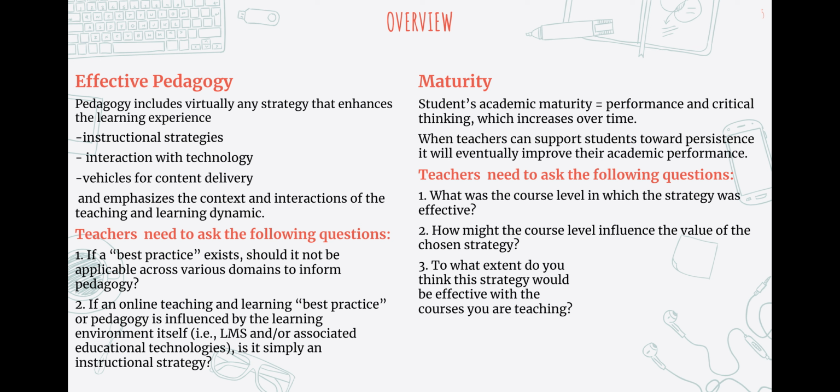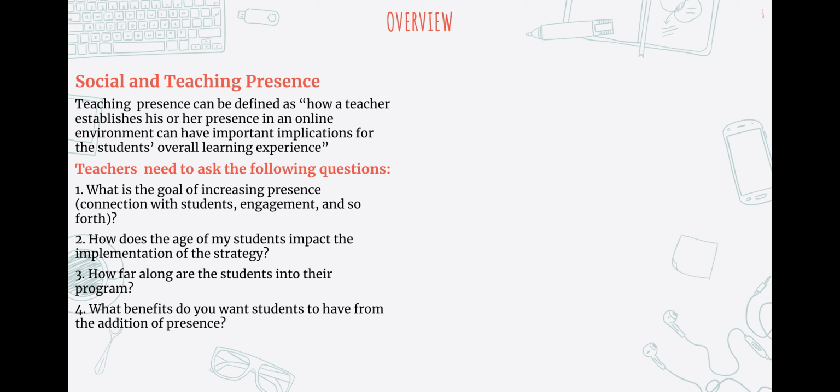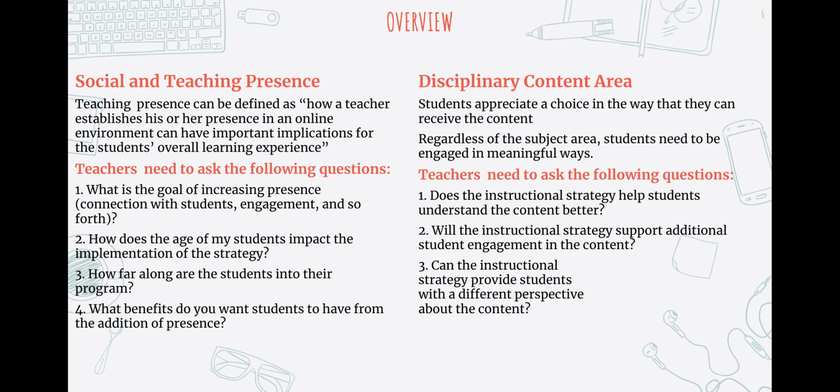We also realized this article was talking about social and teaching presence, and those are important because without the teaching of the topic, there will be no social perspective either, because there is no guidance for it. And those are the questions that are related to it. Disciplinary content area is important because each subject area can have more interaction than others.